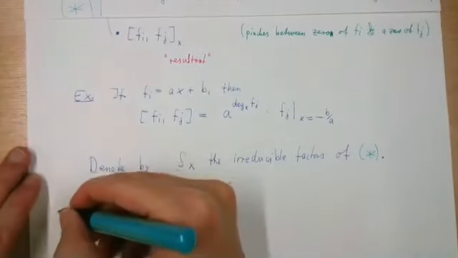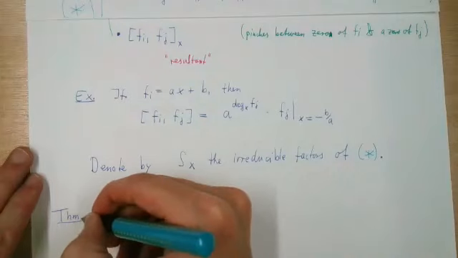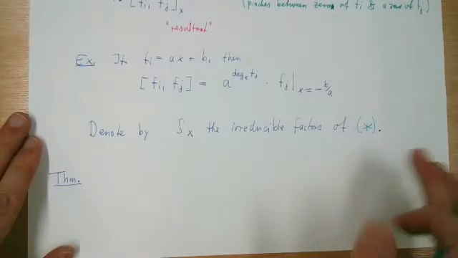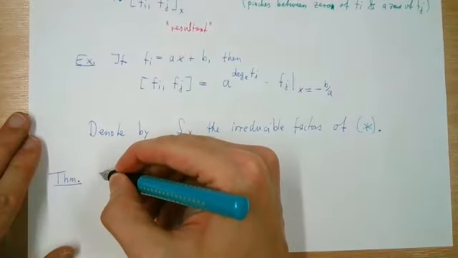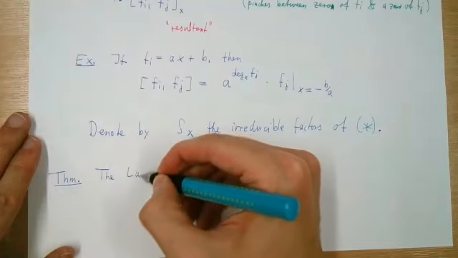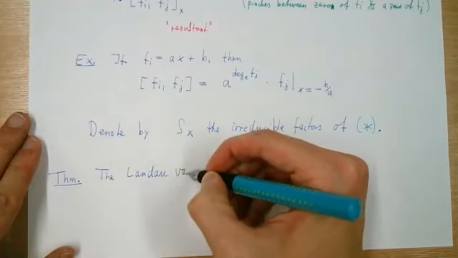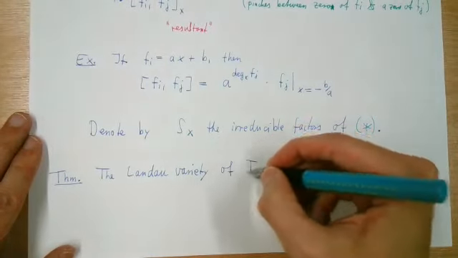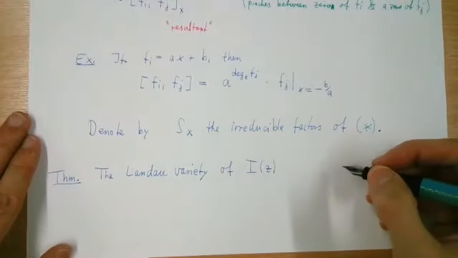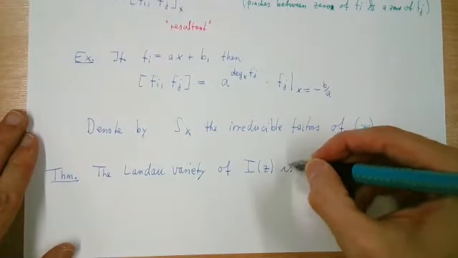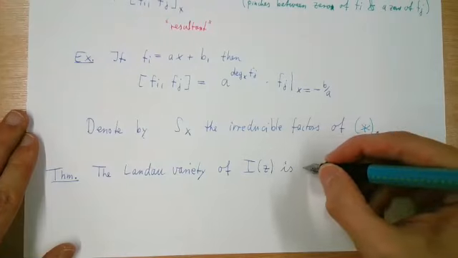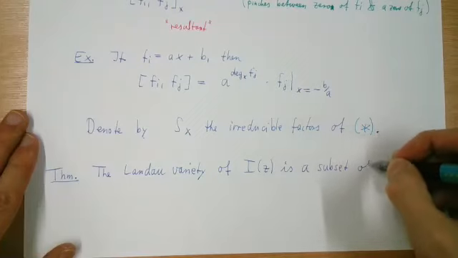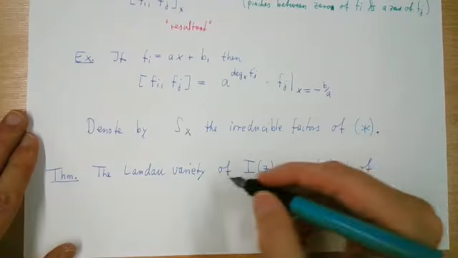Then the result is, if you have an integral, the Lambda variety of the integral, the Feynman integral, say, is a subset of these iterated reductions.